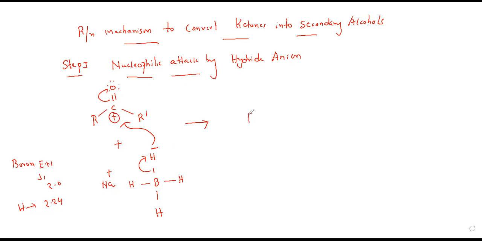So you can write this structure: R, C single bond, because one pi bond you shifted towards oxygen, you will get a single-bonded oxygen with 3 lone pairs of electrons, and this is R'. And whenever this H- migrates to carbon, this carbon forms a new sigma bond with the hydrogen atom, plus BH3.